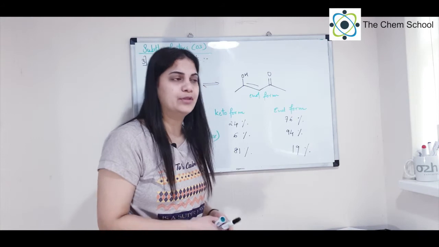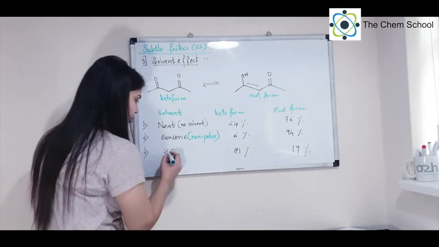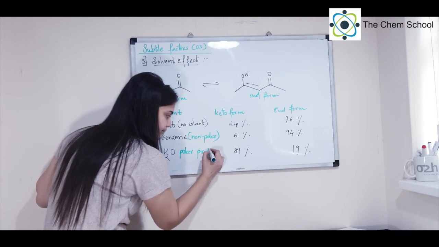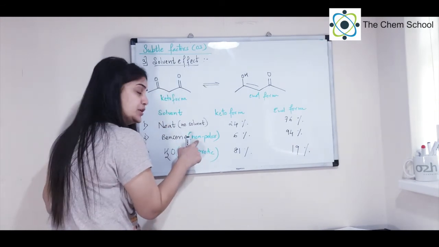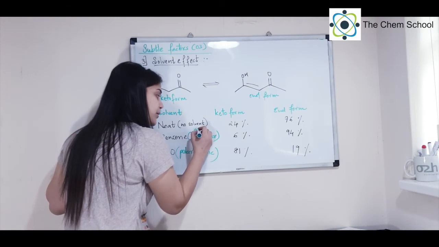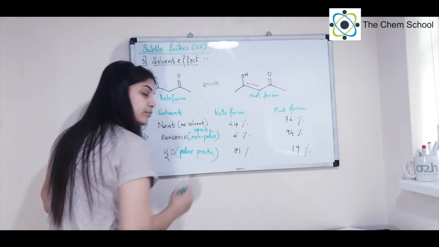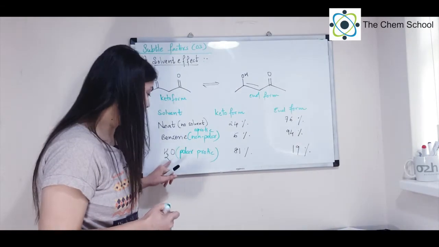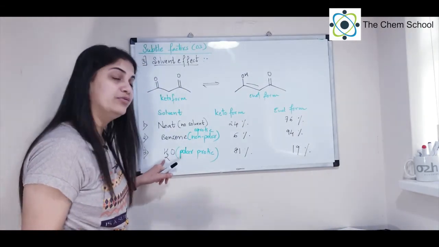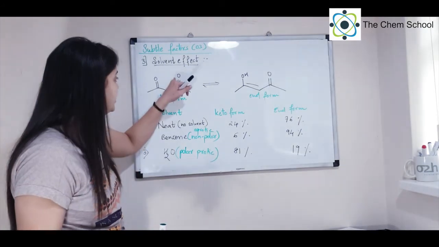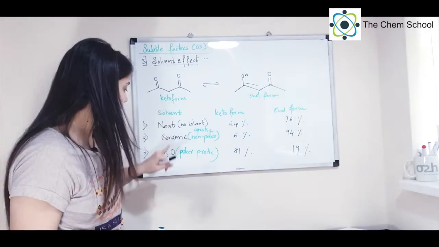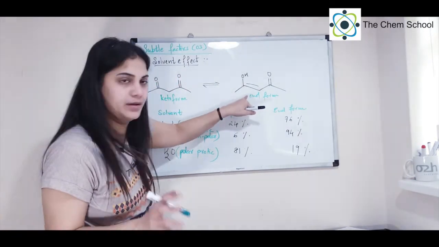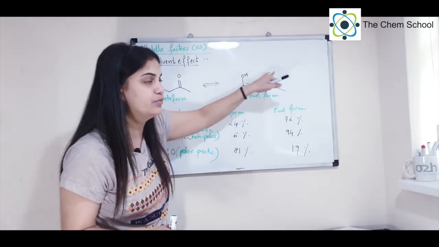But if I take a polar protic solvent, water is polar plus it is protic, whereas in the earlier case it was non-polar plus aprotic. If I take a polar protic solvent, what will happen? This water will also undergo hydrogen bonding with the ketone, and even if the enol is formed, it will undergo hydrogen bonding with that also.